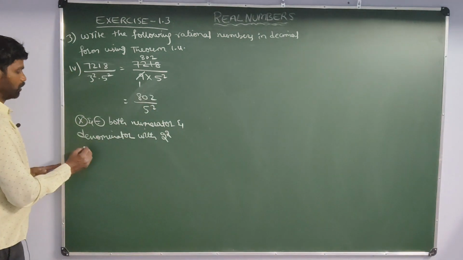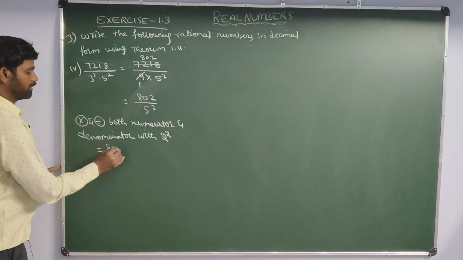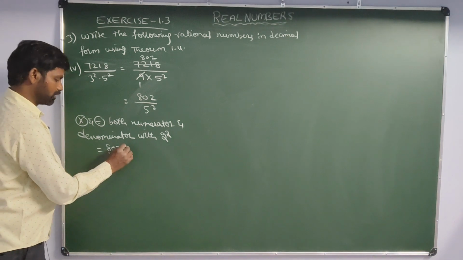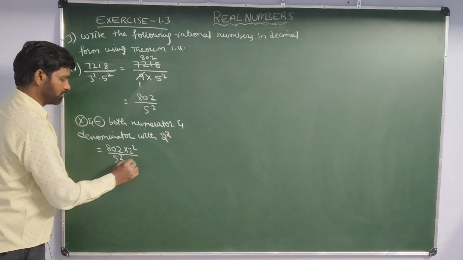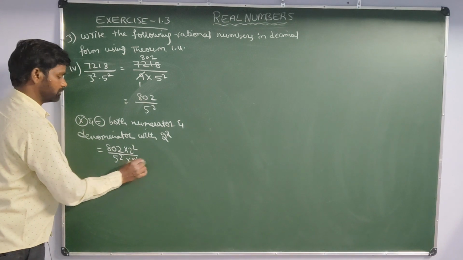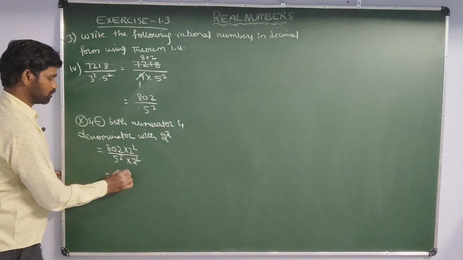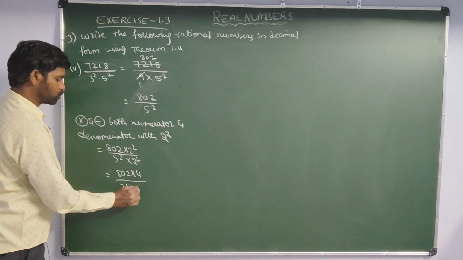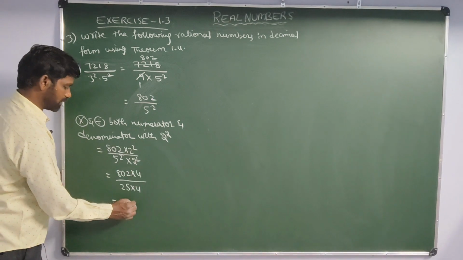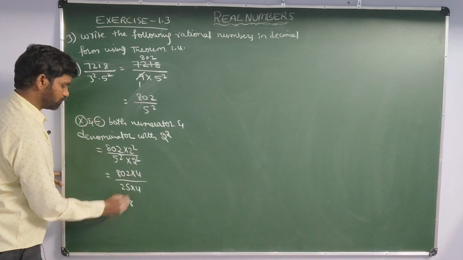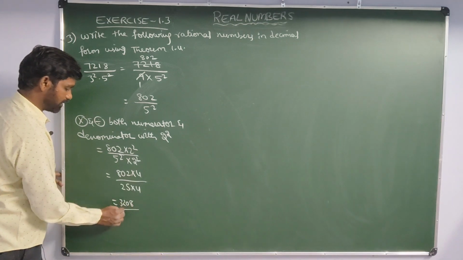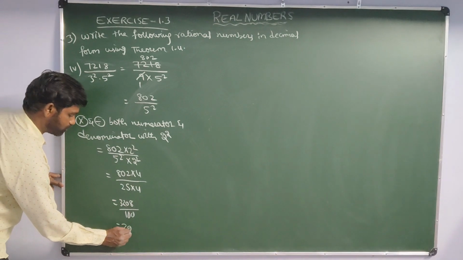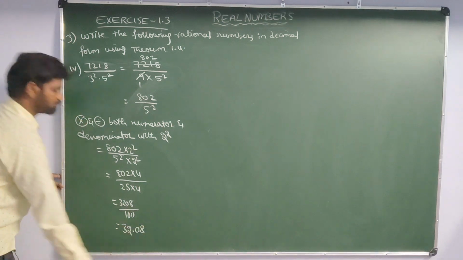So what does it become? 802 divided by 5 square, and we are multiplying by 2 square on both. So it becomes 802 into 4 divided by 5 square, which is 25, and 2 square, which is 4, so 100. 4 twos are 8, 400, 4 eights are 32, divided by 100. So what is our answer? 32.08. This is the answer.